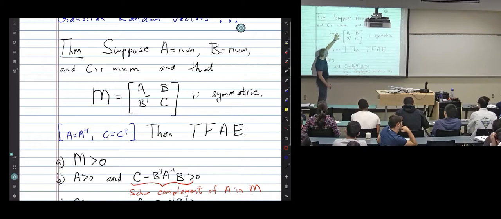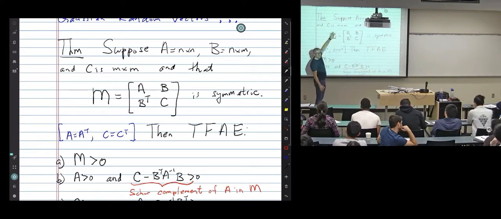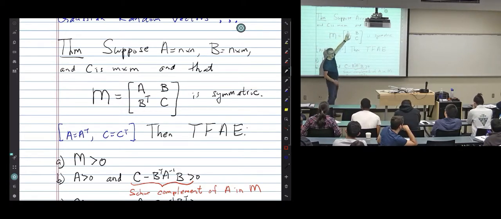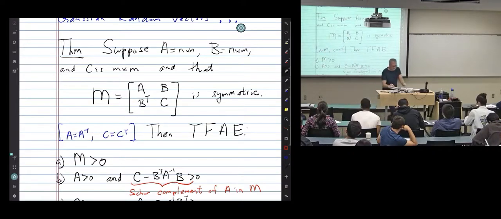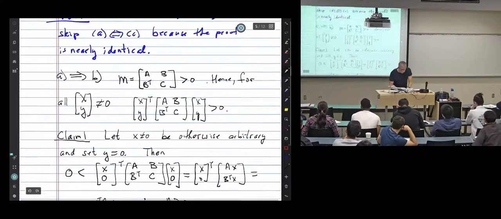Now, from that condition, I want to deduce others. If it's true for all x and y, then it's true for special choices of x and y. And if by making those special choices, I can make A positive definite pop out, and then C minus B transpose A inverse B pop out, then I'm fine, because I'm taking the condition M positive definite and deducing what follows.